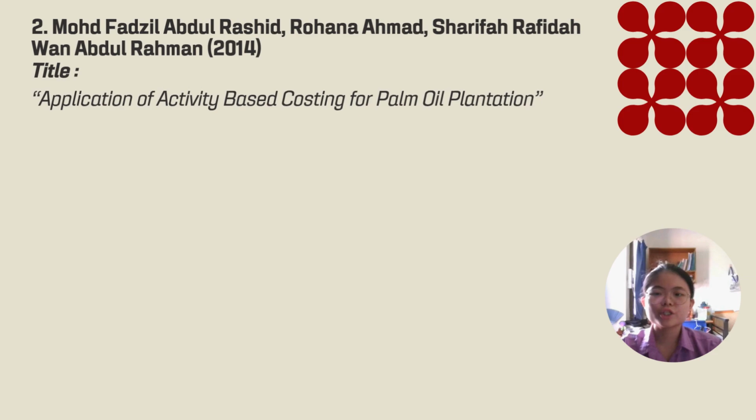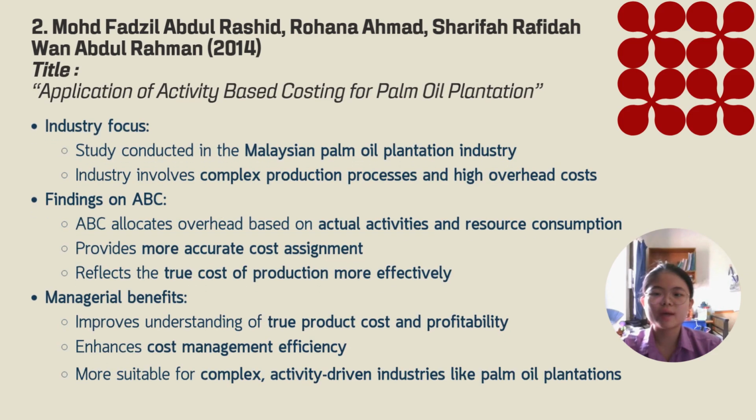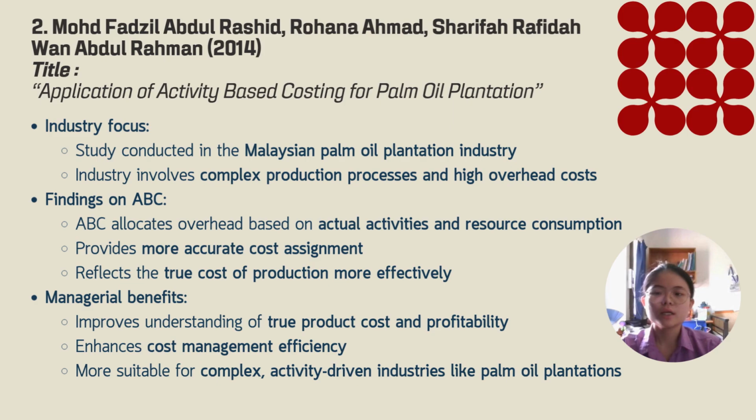The second Malaysian journal article is titled Application of ABC for Palm Oil Plantation. This study focused on the Malaysian palm oil industry, which has complex and long-term production activity. The article explained that traditional costing systems are less suitable because overhead costs are allocated mainly based on the production volume.